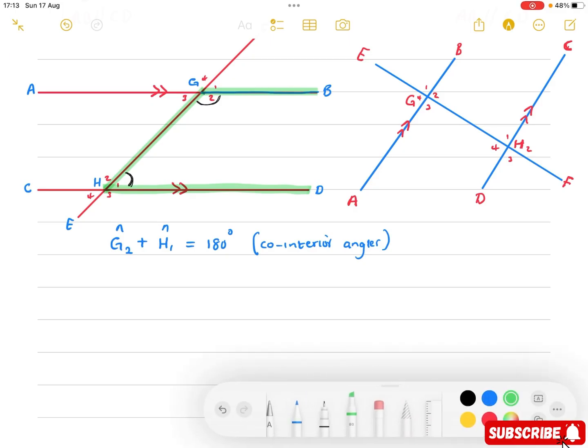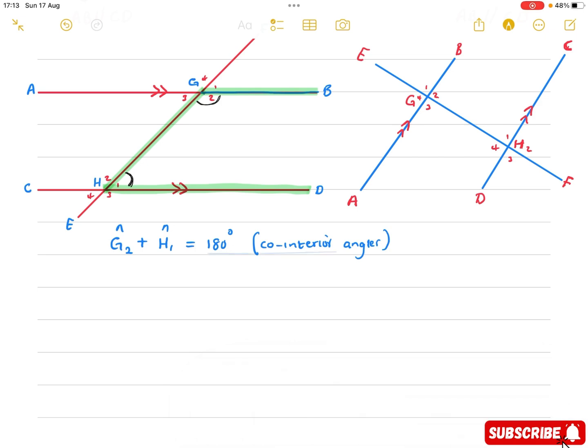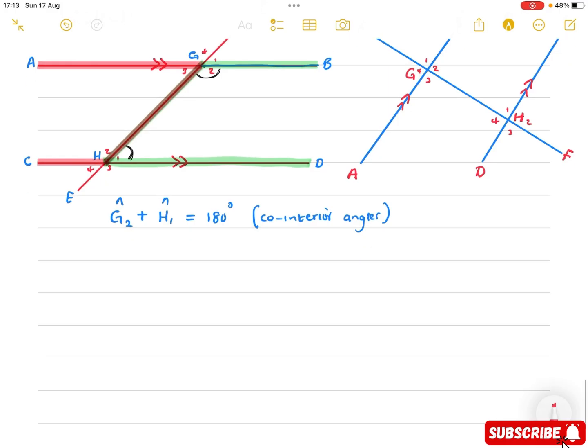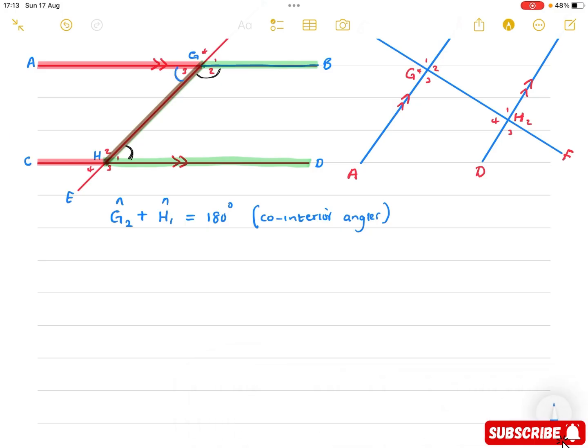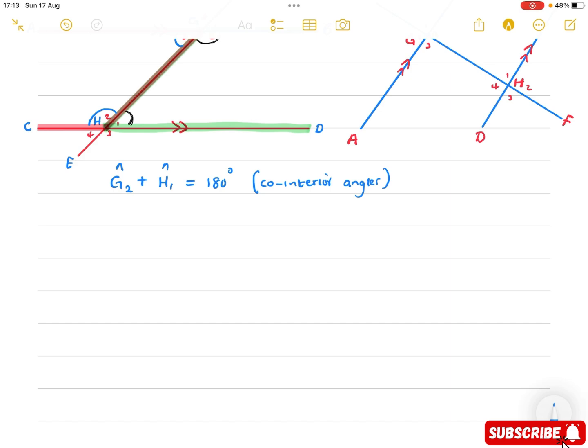Again, we want to look at another C shape. Here is another C shape, either C or U, it's up to you. It's a parallel line, transversal, and another parallel line. In this case, these are the angles that we will be diving into: G3 as well as H2.